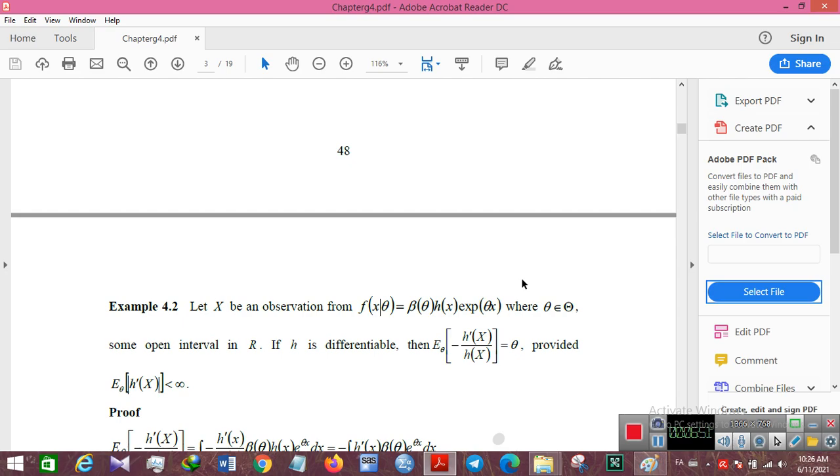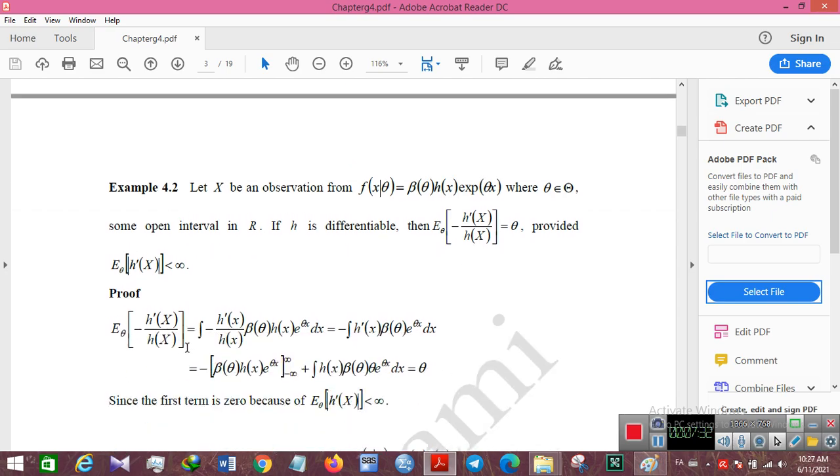Let X be an observation from f(x) equal to b(theta) h(x) exponential of theta x, which is actually the exponential family. If h is differentiable, then the expectation of minus h prime(X) over h(X) is equal to theta. So in the exponential family of distributions, you can always have an unbiased estimator for theta, defined by that.